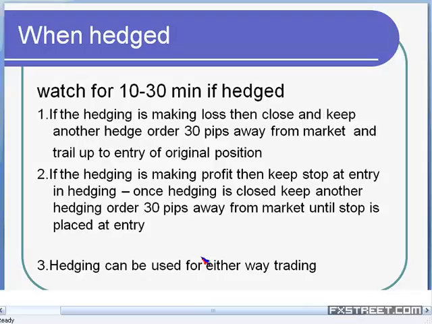They show such levels in order to trigger the fear. So if you become frightened, then we will not be helped by anybody. So if they show such levels, understand that, okay, I will keep stop at entry in the hedging, let them drop even to 1.19 or 1 or parity, no problem. I have a hedging order and the hedging order is making profit, I will keep stop at entry.